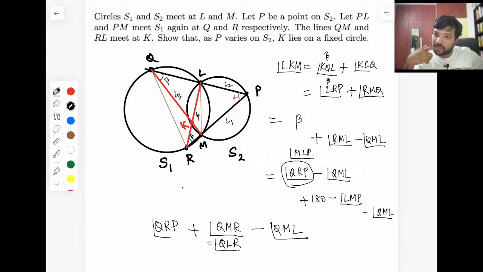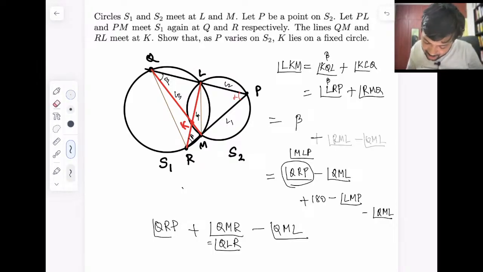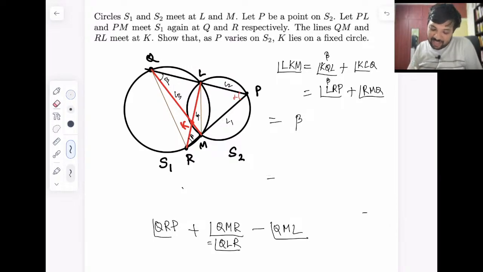Yeah, the answer should be a function of both the circles. That's correct. RMQ. Guys, what is RMQ? RMQ is 180 minus QMP. Done. What? Was it stupid? I was stupid. What is this nonsense?